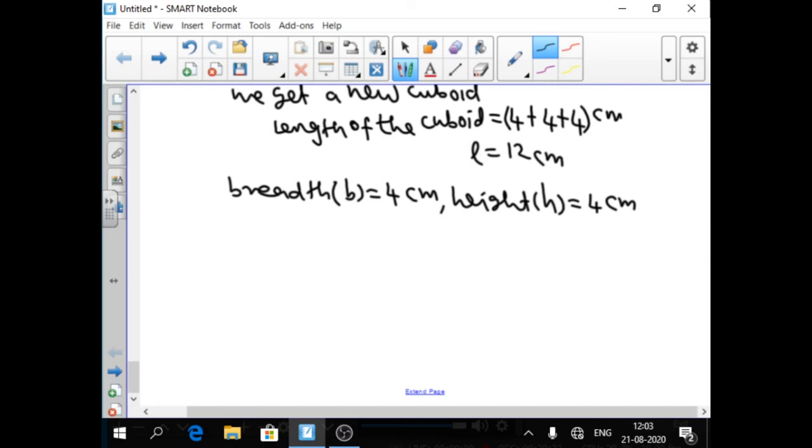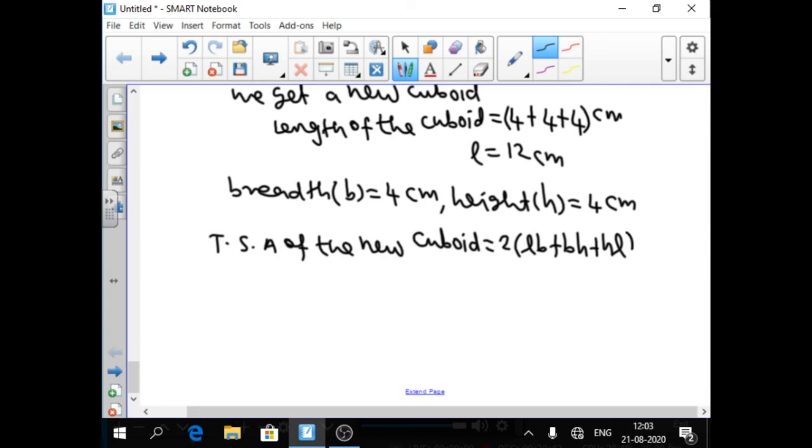The total surface area of the new cuboid is equal to, you know the formula, 2 times of length into breadth plus breadth into height plus height into length, square units.